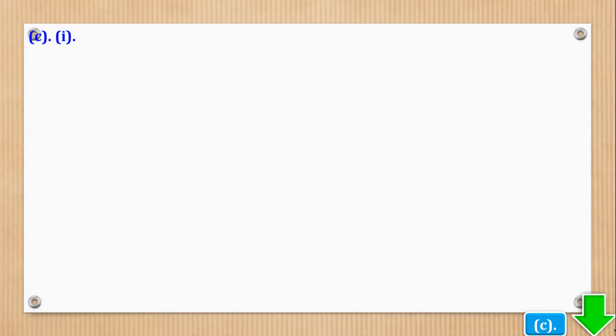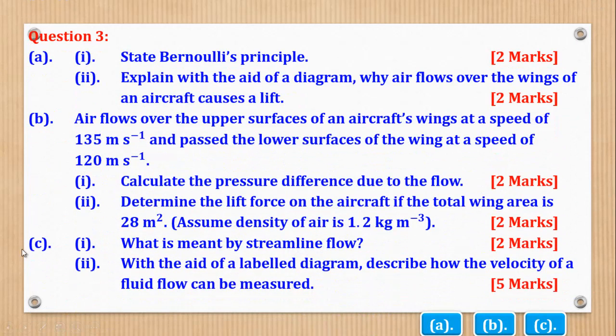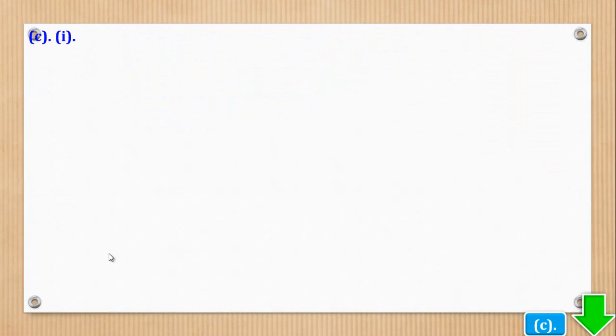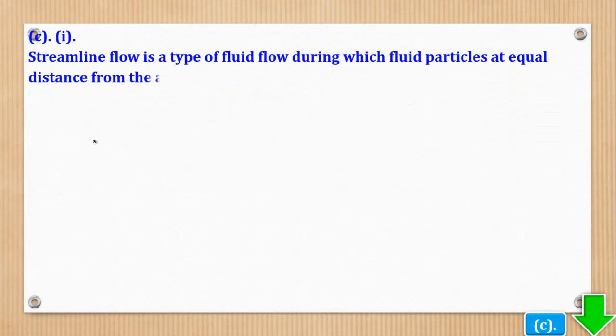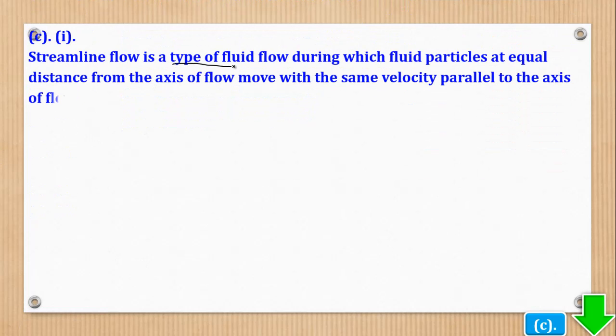Then part C says, what is meant by streamline flow? So we shall say that streamline flow is a type of fluid flow during which fluid particles at equal distance from the axis of flow move with the same velocity parallel to the axis of flow.